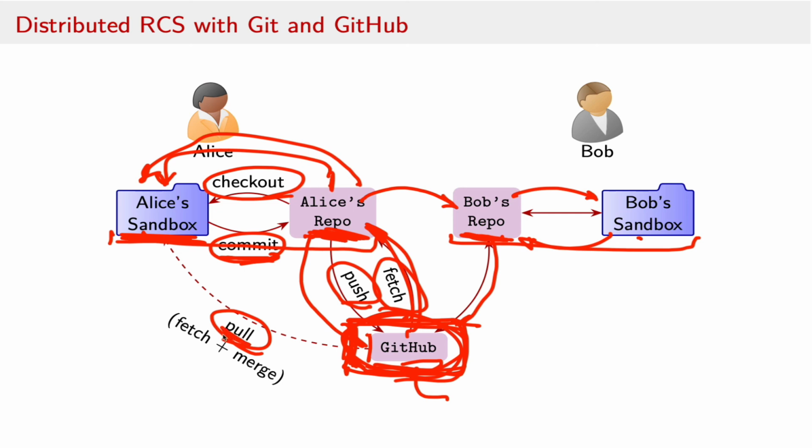So the pull command is a shortcut for doing those two steps. It's a fetch that brings things into your local repository, and then a merge step that brings whatever is in the repository into your sandbox, merging it with anything that's already there in your local sandbox that hasn't possibly been pushed out to your local repo or other repos on the project.